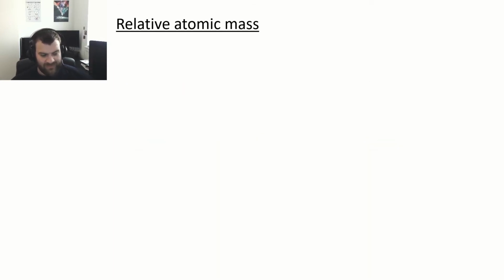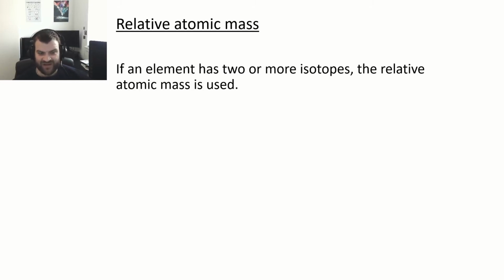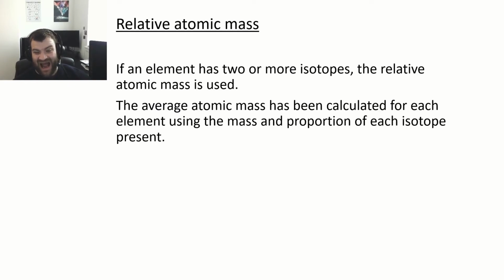When you look in the data booklet for the different masses, you'll notice that some of them have decimal places, so they're not whole numbers. And the reason for this is that if you've got an element with multiple versions, or isotopes, the relative atomic mass is used. And this is the average mass, taking into account which of the isotopes is most common.